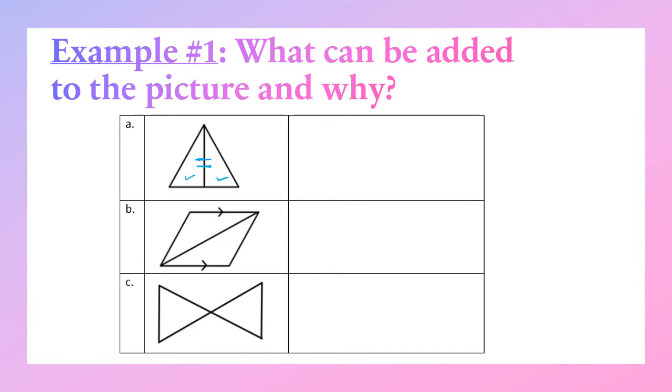That side is congruent to itself by the reflexive property. If I want to give it a name, I can call it segment AB, and we can say that segment AB is congruent to itself by the reflexive property.